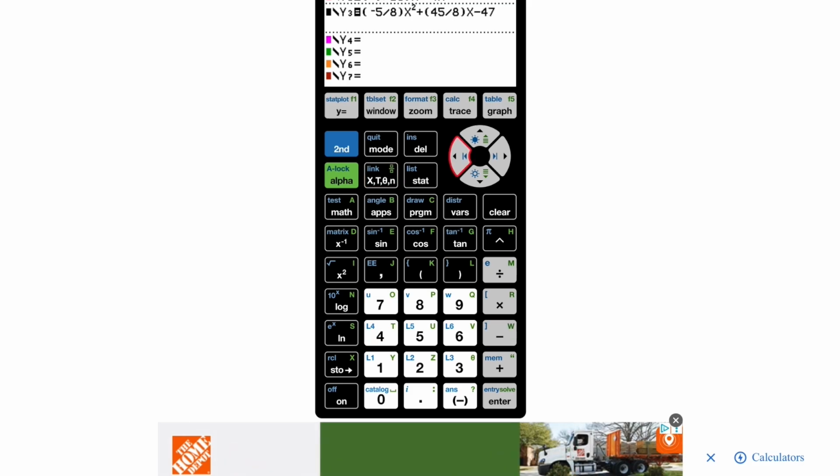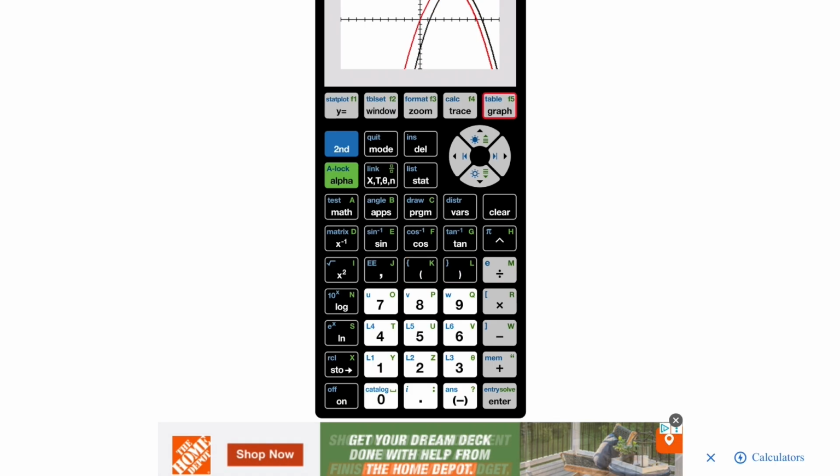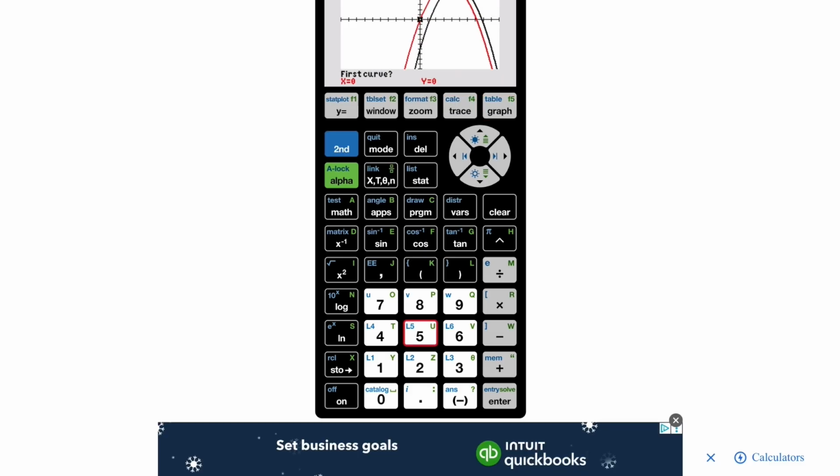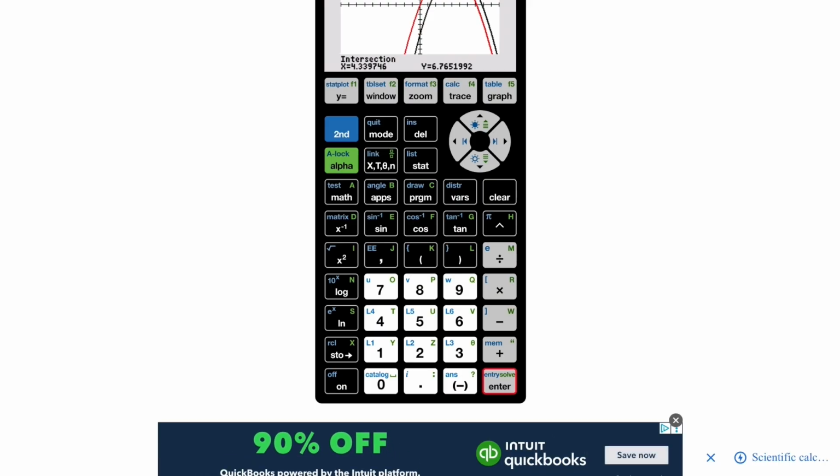Brackets are always good. And then you graph it. Okay, now let's do second trace 5. So first curve, second curve, guess, and that's 4.33. So 4.3 comma 6.8 points.